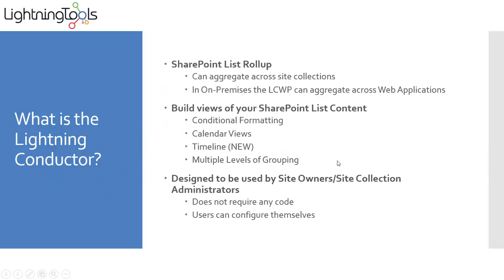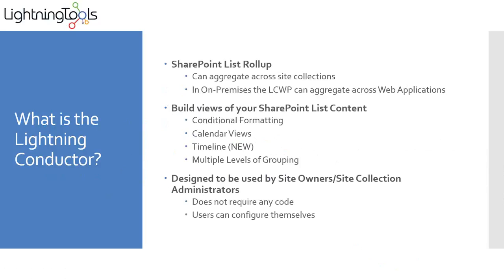So as we just alluded to, you can also build views of your SharePoint list content. Let's take an example. What if we did want to roll up some tasks? Well, if we are rolling up tasks, we probably need more than just the task title, which is what you were going to get with the content query web part.